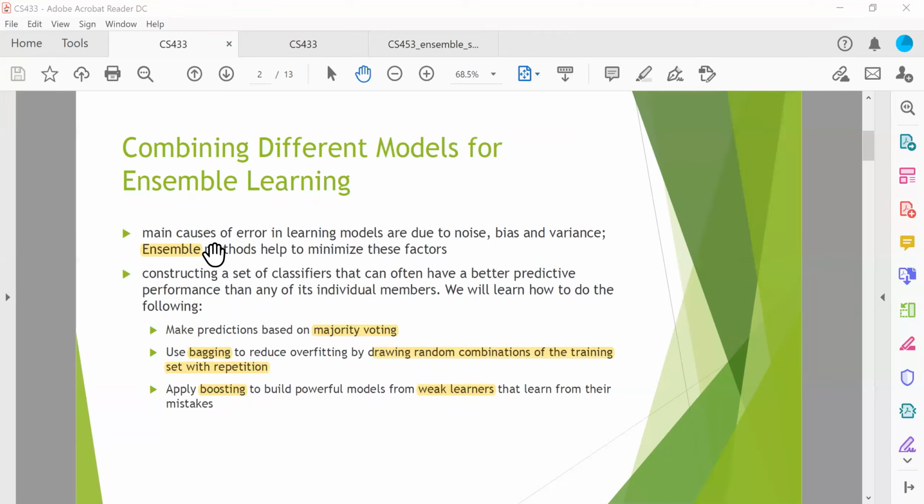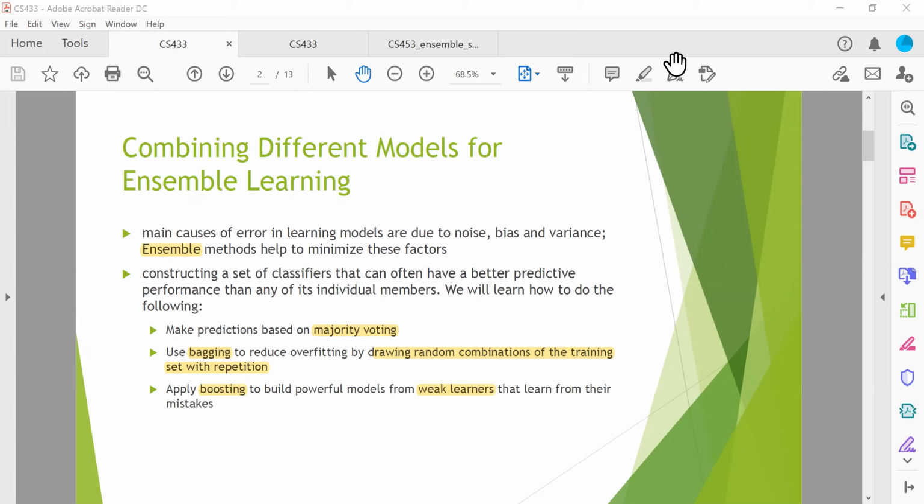And over here it says the cause of error in all of our previously discussed learning models can be due to noise, bias, and variance. Ensemble learning tries to minimize those factors.